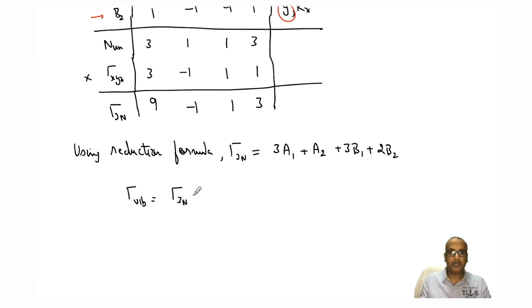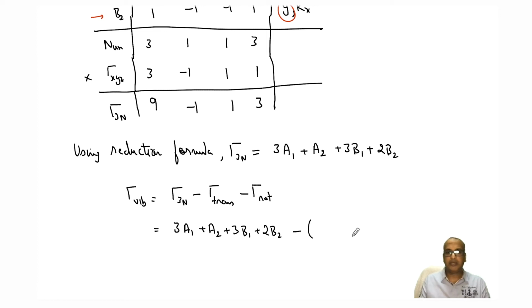Now tau 3n is this, so I will write 3A1 plus A2 plus 3B1 plus 2B2, right? Minus, what is tau rotational now?